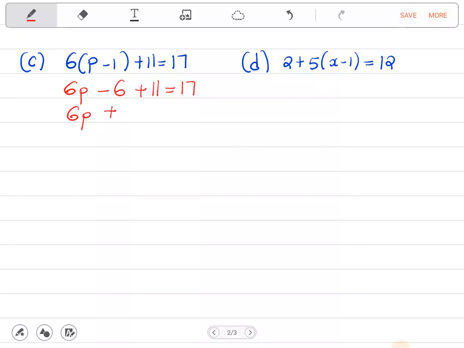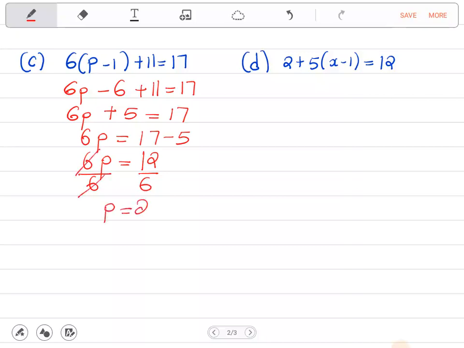So our answer is going to be positive 5 after normal subtraction. 6p is 7 minus 5, which will be, what do we get? 12, right? So just divide both sides by 6. And p is what? 2. Beautiful.